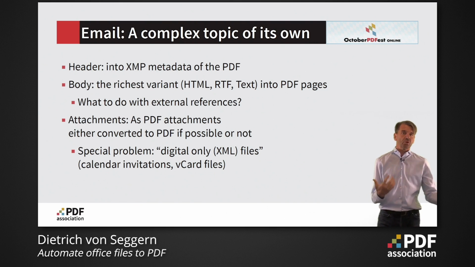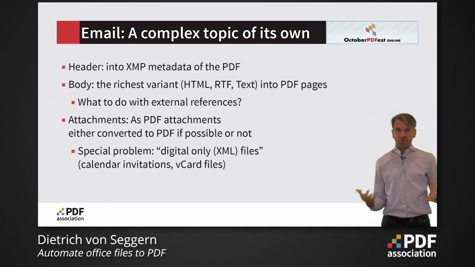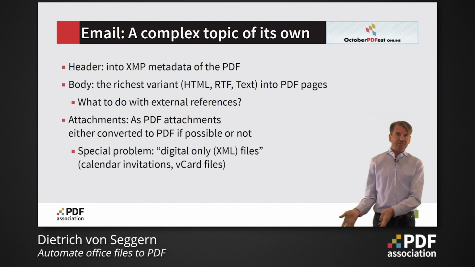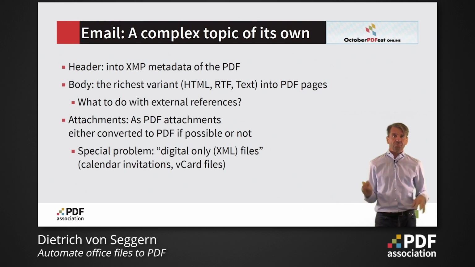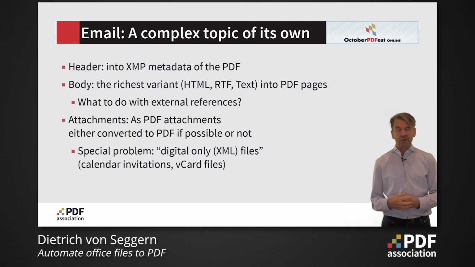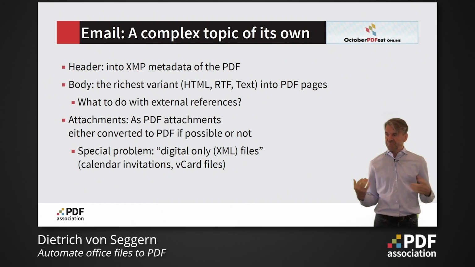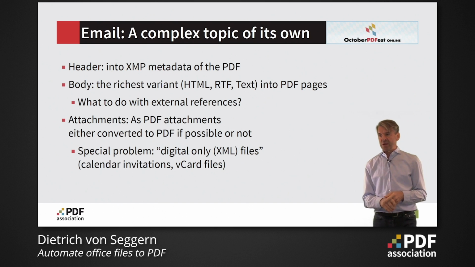What you would do when you convert that to PDF is use the richest one. So if there is HTML, you would use HTML, which brings me to the next question: what to do with externally referenced images. Either load them, but then of course you rely on the fact that they are still available, and also this will make your result much bigger. Just a question you need to answer when you convert email to PDF.